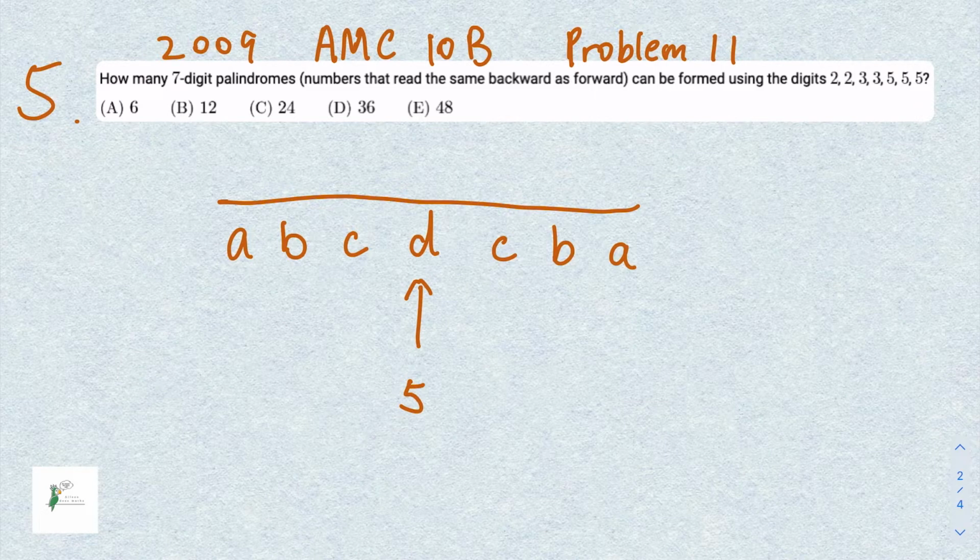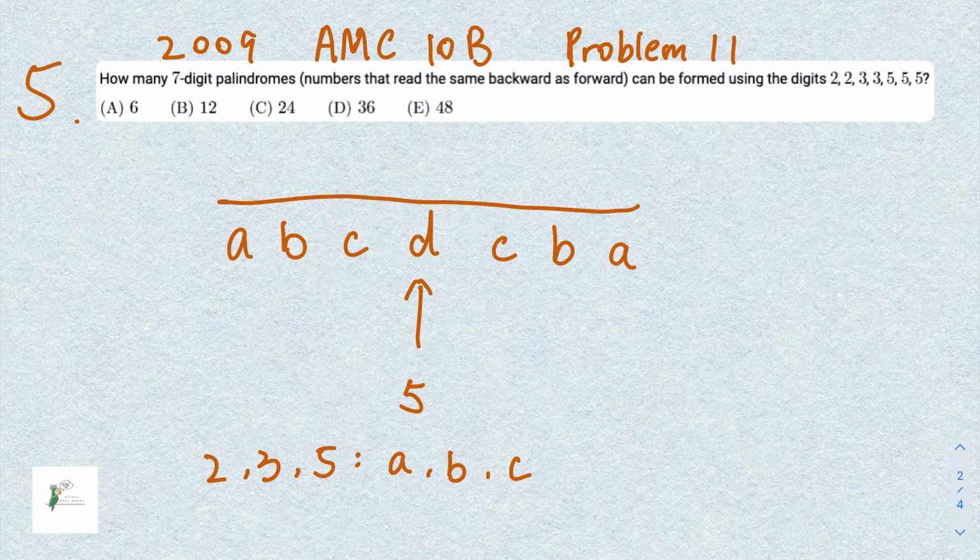Now we have 2 2s, 2 3s, and 2 5s left. What we can do is basically arrange the numbers 2, 3, 5 into the letters A, B, and C. Alright? So essentially here what we're trying to do is find out how many ways we can arrange 2, 3, 5 into ABC.